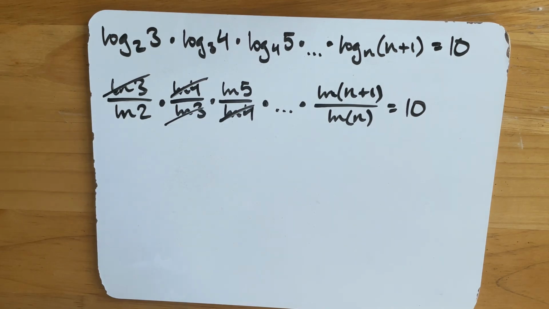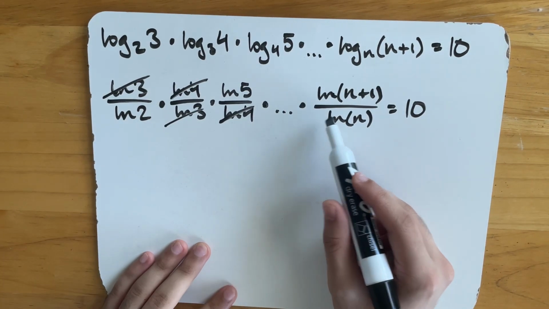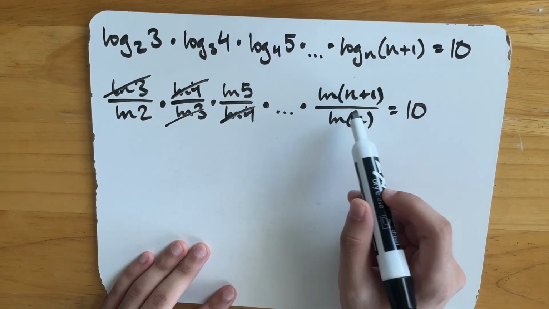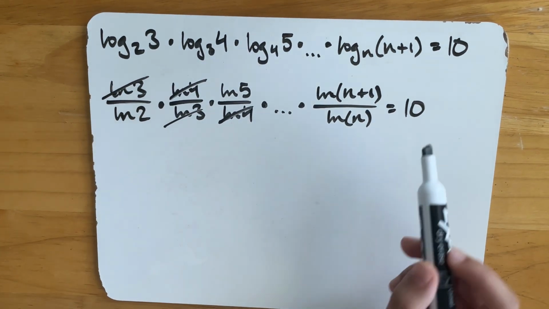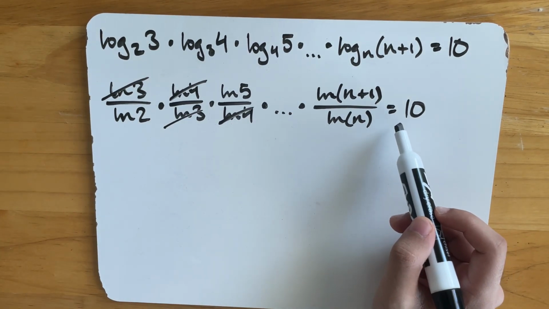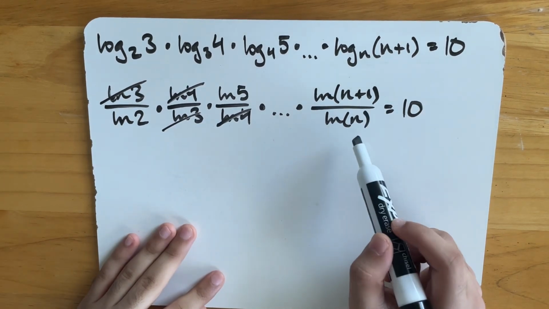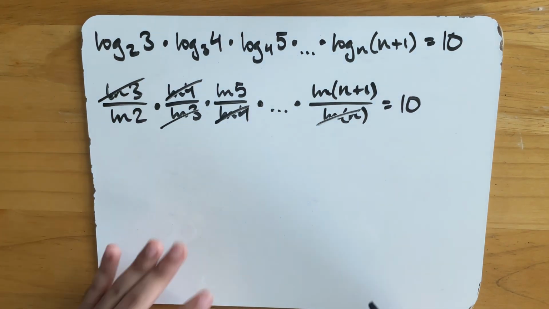So it may seem confusing, but what I'm trying to get at, for the last term, ln of n plus 1 divided by ln of n, since there's no term after it, the numerator is going to stay, and the denominator will get cancelled by the numerator of the term before it.